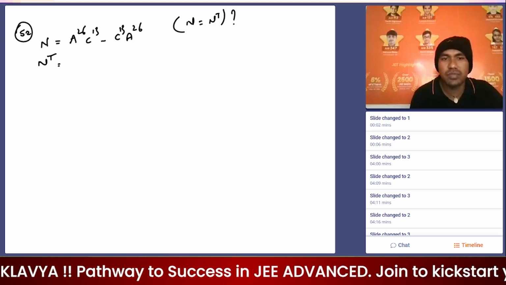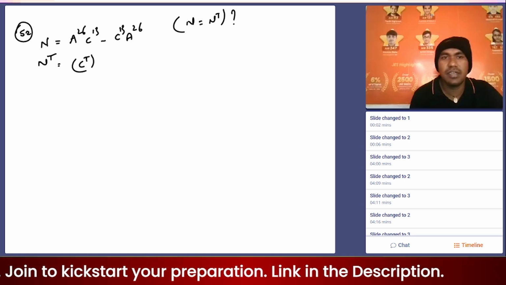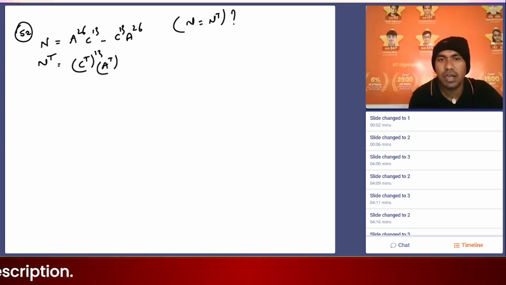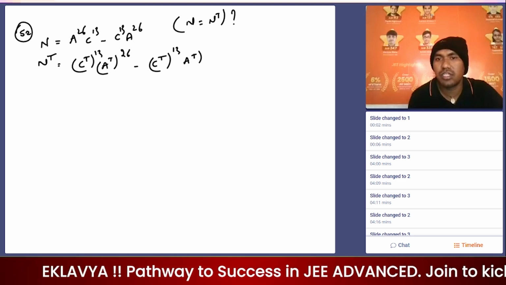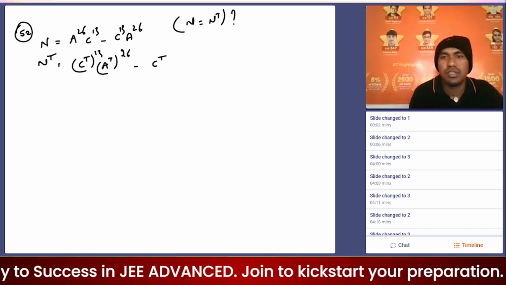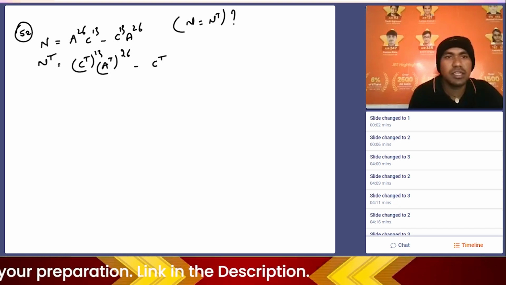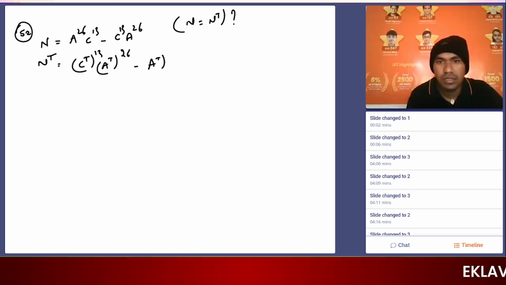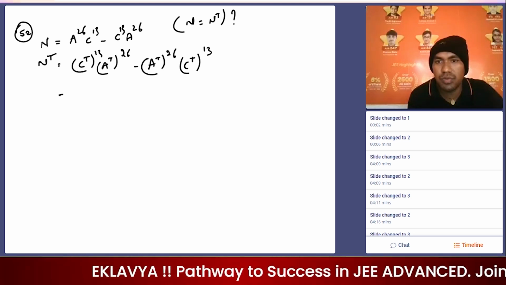Let's take N transpose. If I take N transpose, directly we will write (C transpose) whole power 13 and (A transpose) whole power 26 minus, sorry, this part will become reversed, right? So this part will become (A transpose) whole power 26 and (C transpose) whole power 13.